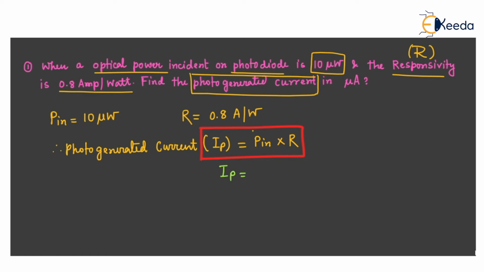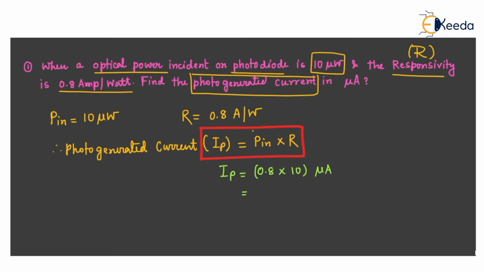IP will be 0.8 into 10, and it will come out in microampere.